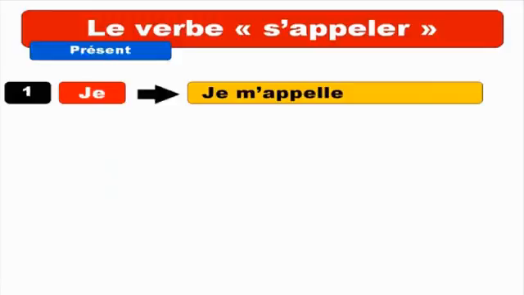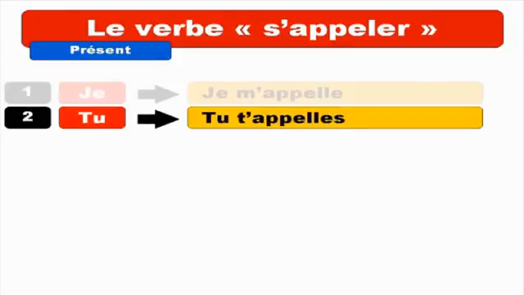Okay, so first form for je, it's je m'appelle. Okay, so that's the particularity of these verbs. So you've got to add something, and usually for the first form it's me, but then as you've got this vowel, you know, for the verb appeler, it disappears and you get this je m'appelle. Repeat.